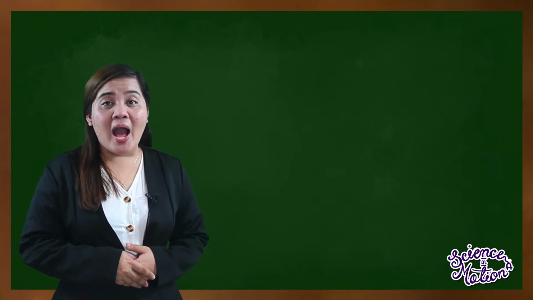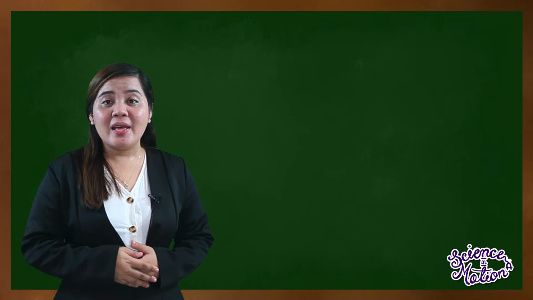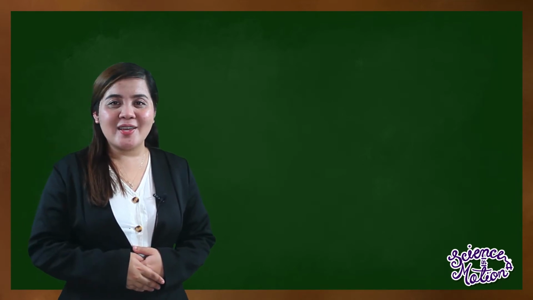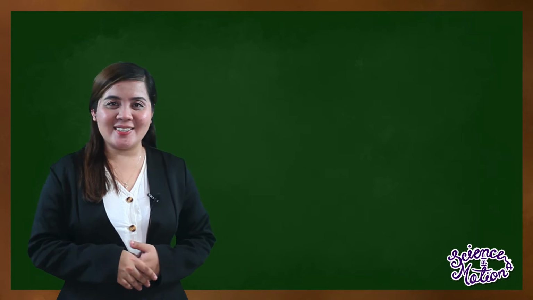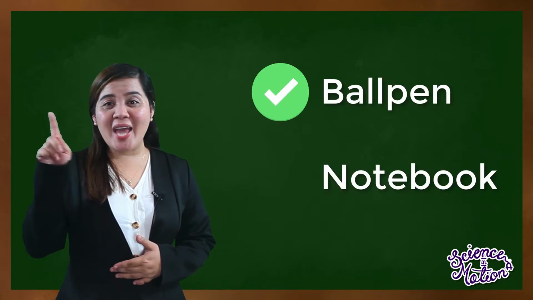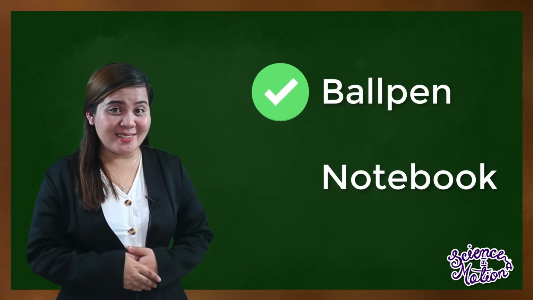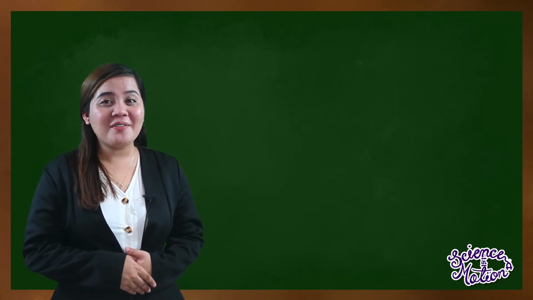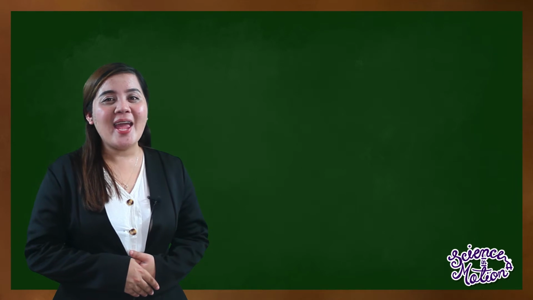How about doing this next activity? Let us check how well you can tell the difference between 2 objects. Are you ready? Ballpens? Check. Notebooks? Check. We will be comparing the buko pandan and water.